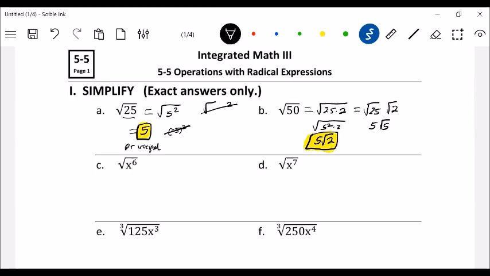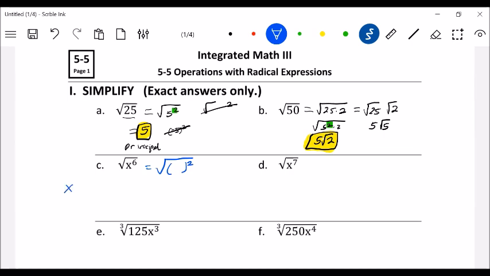Now we'll do it with variables. Notice that in these two first examples, we had a perfect square. That was the goal we were going for, to get a perfect square inside it. So what we need to do here is rewrite this so that the thing inside has a 2 as an exponent.